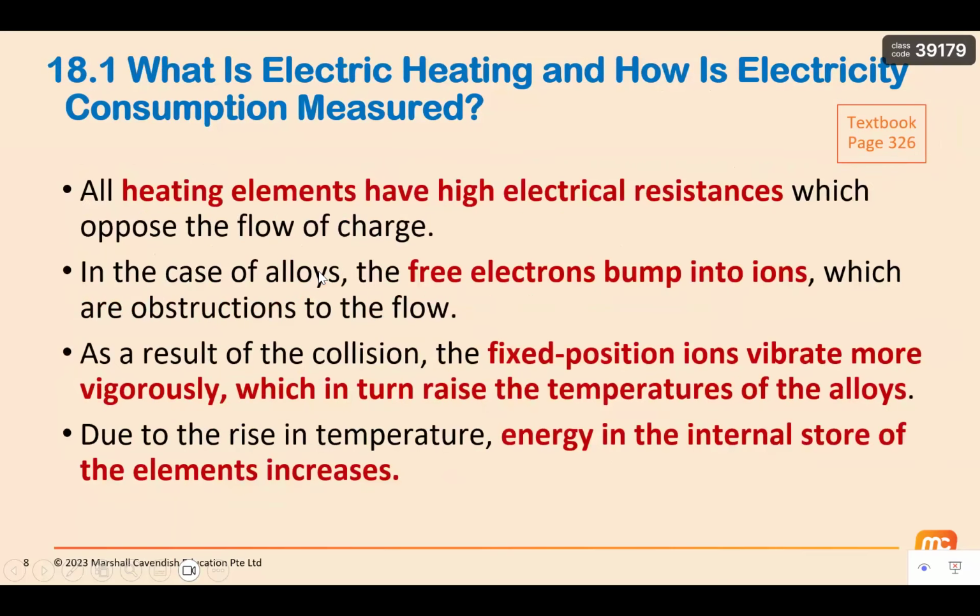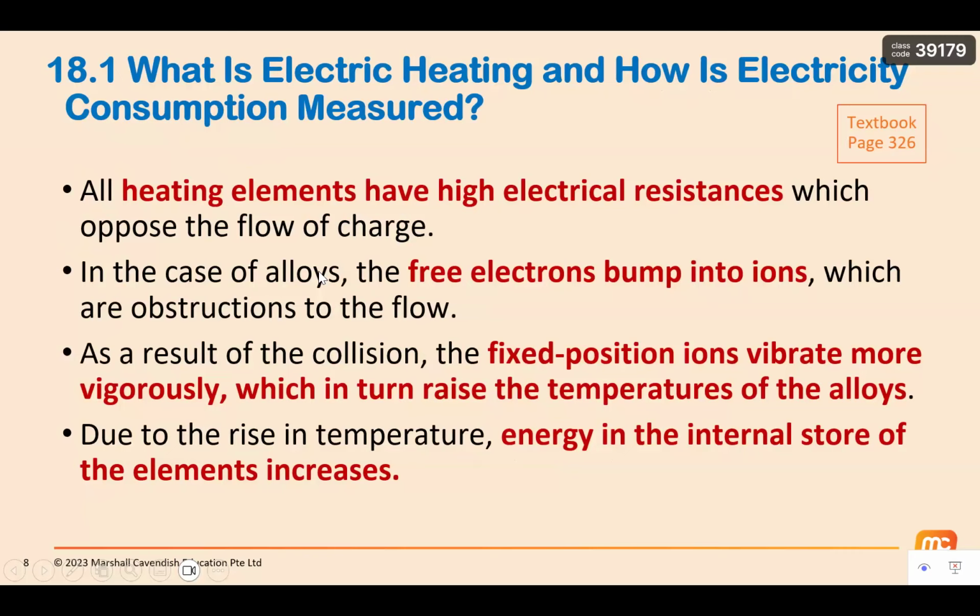So what happens is all these heating elements usually have a very high resistance. So when the current flows through them, it results in a lot of free electrons bumping into the ions. And this will in turn cause the ions to vibrate more vigorously, which raises the temperature.